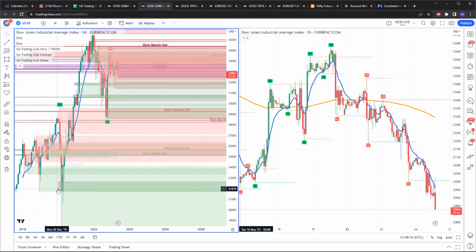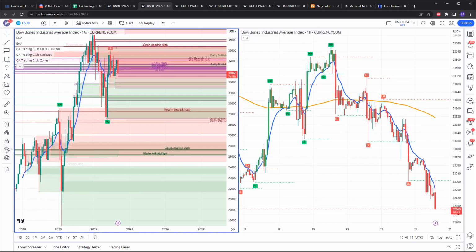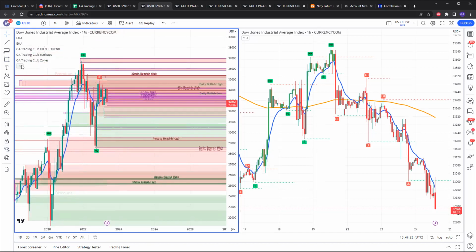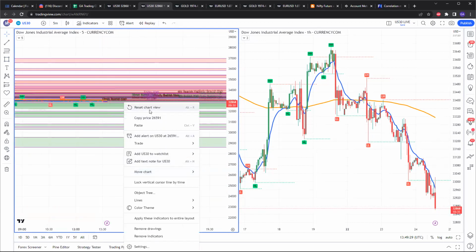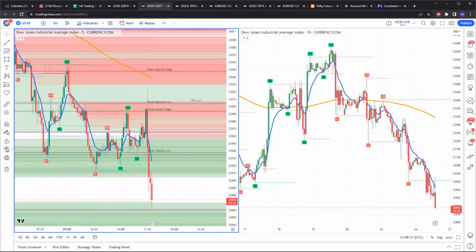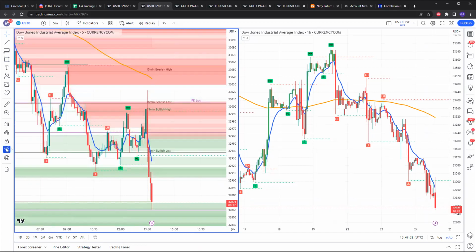Now, once you do that, like you can see right now, if I hide them, there's some zones, because I've done this manually in the morning just to show you guys. So if I go on the 5-minute time frame right here, and I reset the chart, and I hide the markups that are done, you can see the markups are disappearing.